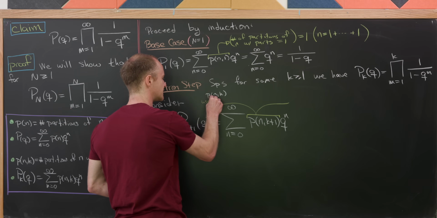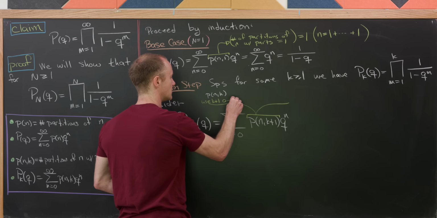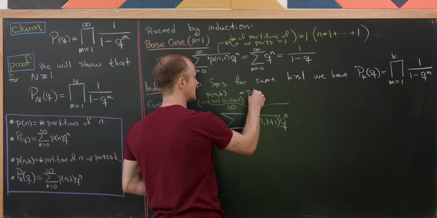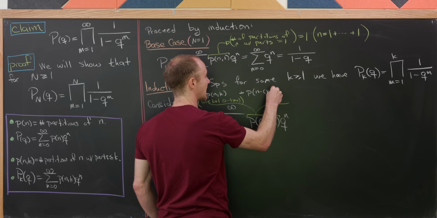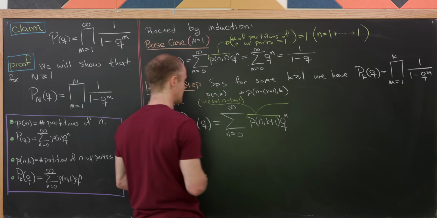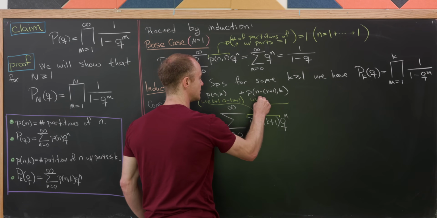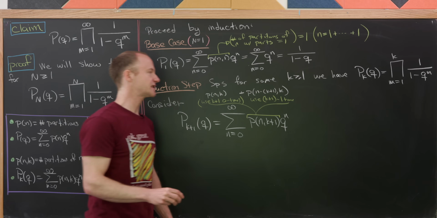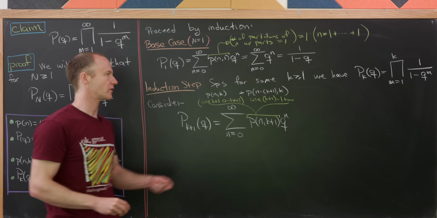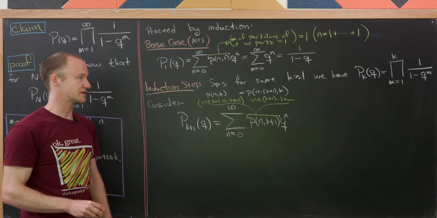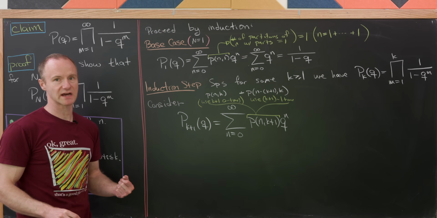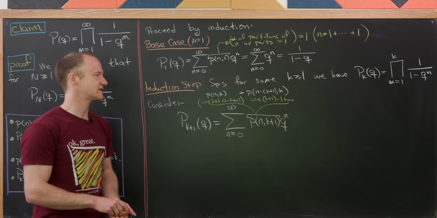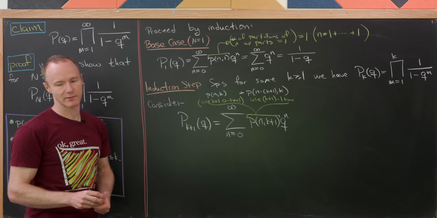So we use k plus 1 0 times. Okay. And then after that, we'll add this to p of n minus k plus 1 comma k. And this is where we use k plus 1 one time. So if we use k plus 1 one time, then we're left over with the number n minus k plus 1. But if we're only using k plus 1 one time, then that means we have to use k or less after that. That's why we get this n minus k plus 1 comma k.